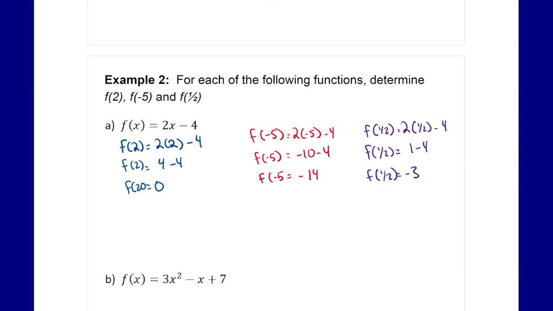So again, all we're doing is plugging in x values into our function and calculating. The only difference is we're given those values in function notation rather than just saying solve the following equation when x equals this, or substitute x into this equation and solve. We could just say determine f at 2.